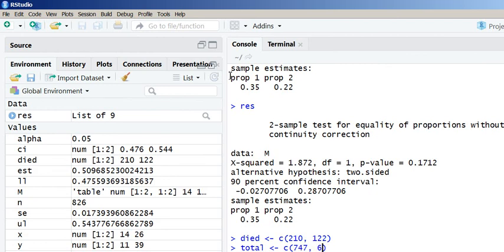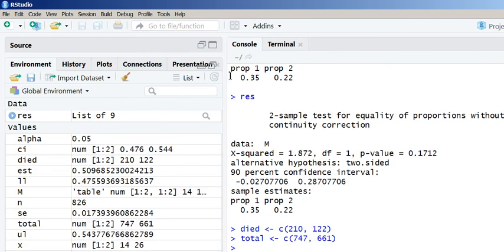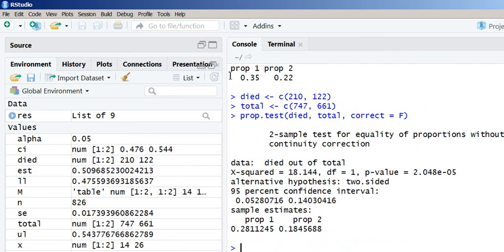For prop.test we can just immediately give died, total, we want correct to be false, and for the confidence level, if we don't put anything, it assumes 95%. So we go right ahead and do our work here, and it's all given to us.